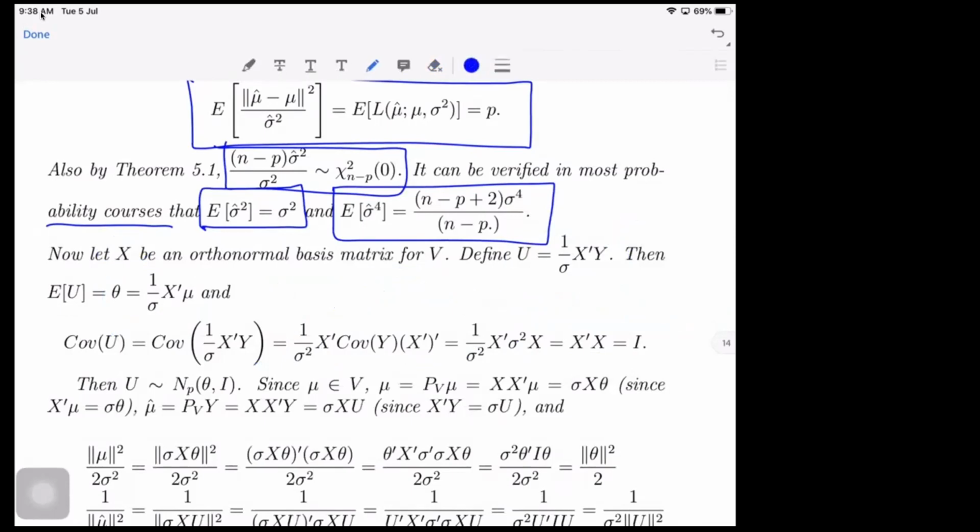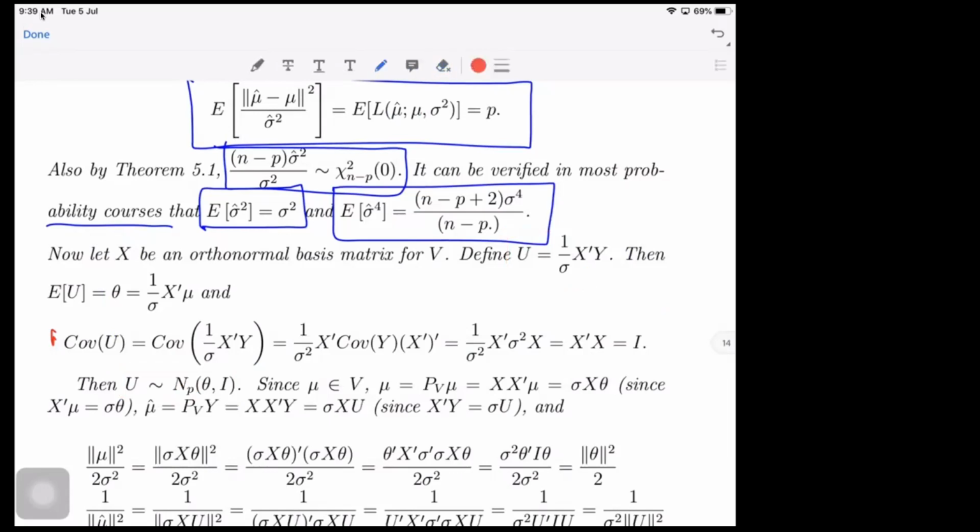So we can conclude now that the distribution of U, which is 1 over sigma X prime Y, is normally distributed. This time, it will be p-dimensional because X prime will be a p by n matrix, then n by 1, so you will have p by 1. So it's p.